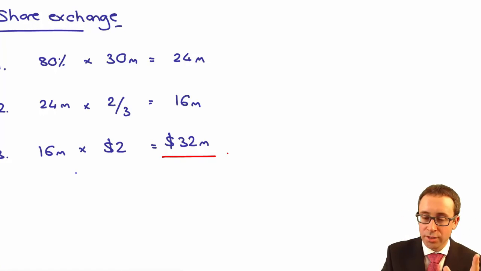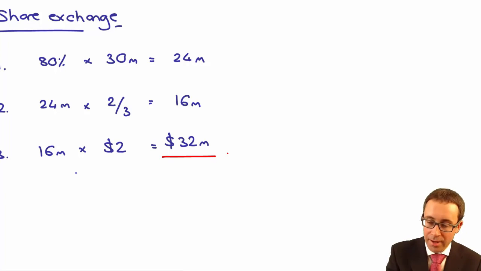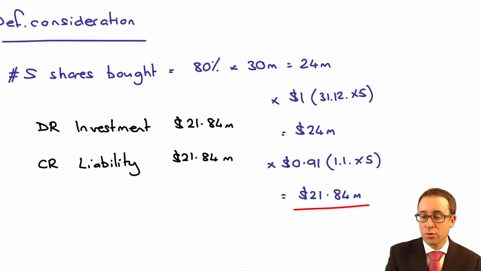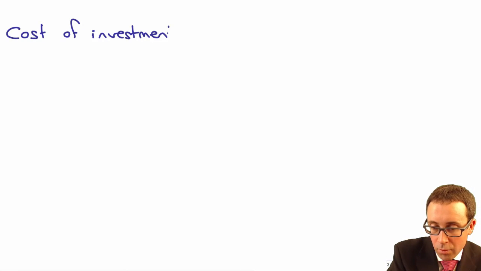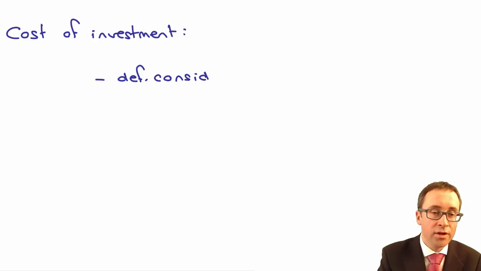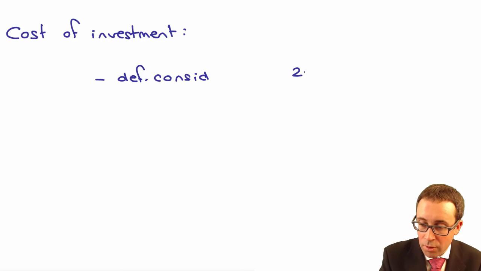To answer the question, you would take that 32 million and add it to the 21.84. So my cost of investment, or your fair value of consideration, is looking at your deferred consideration, which we worked out at 21.84 million.